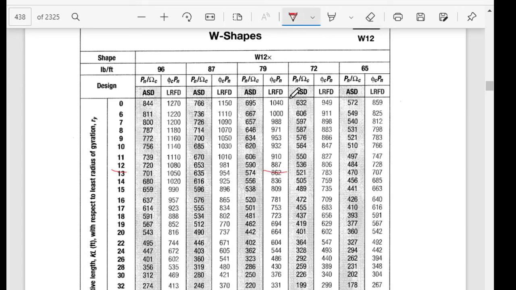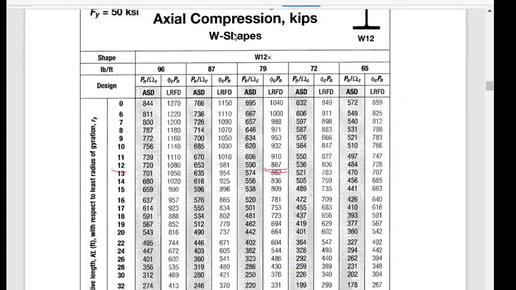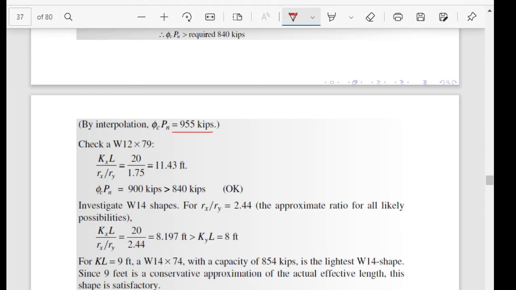Basta kay the value for 12 is this 887, greater than 840, di ba? So W12 by 79.